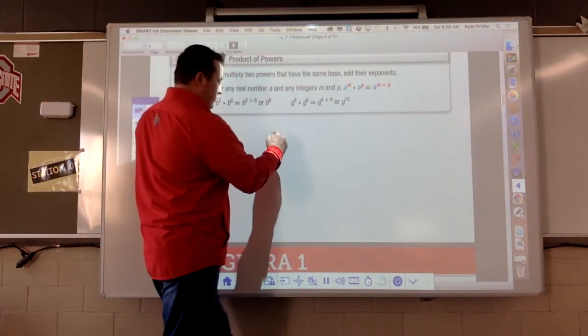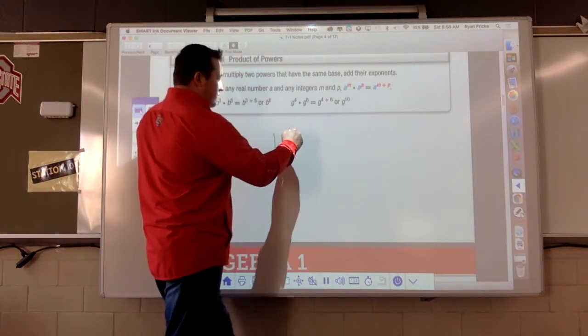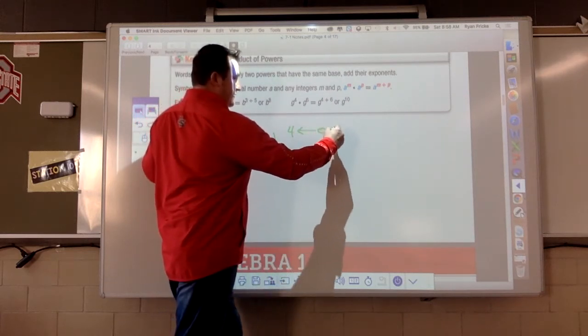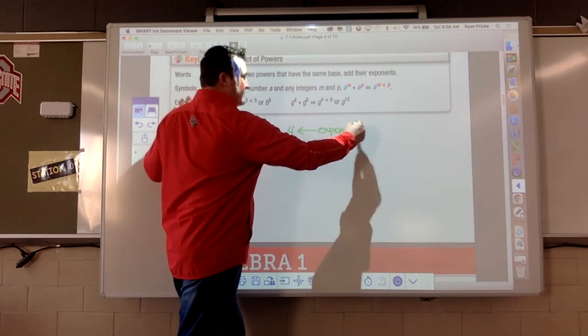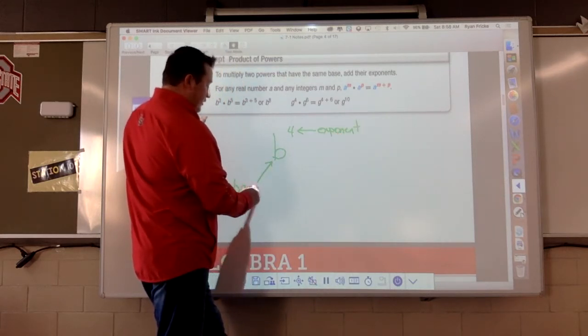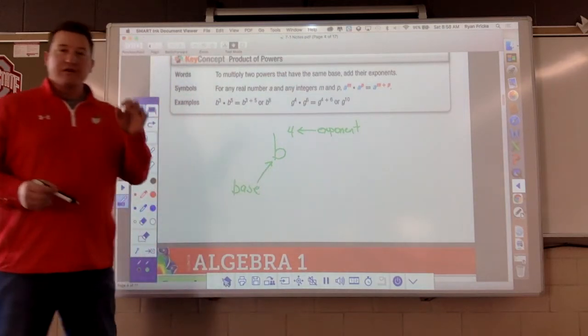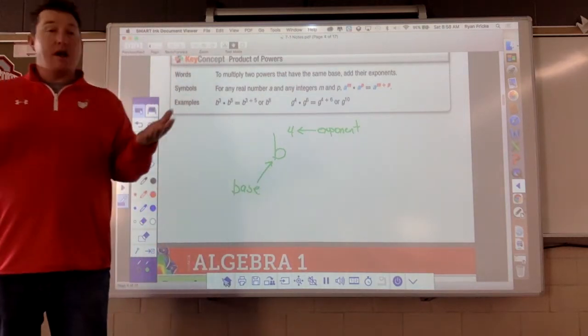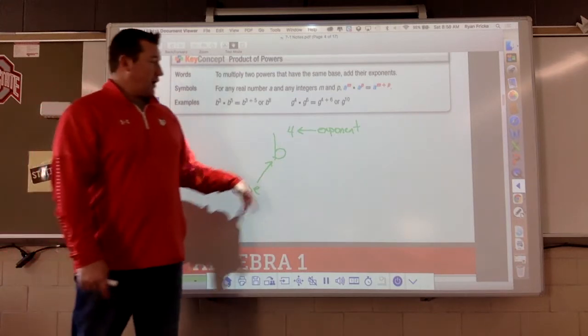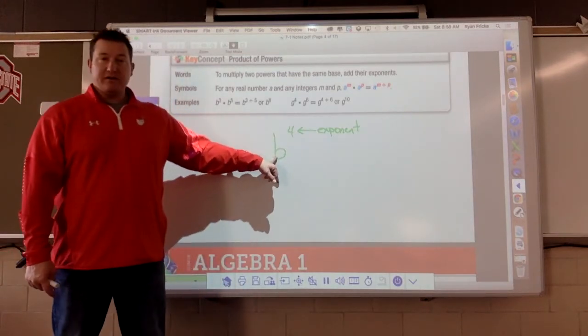So here, I'm gonna write down here, B to the 4th power, okay? We all know that this is the exponent. That is not a new word for us, right? What is a new word is this little fella right here. Whatever your variable is, or number, okay, that's what we call the base, right? 4 is the exponent, the variable in this case, b.